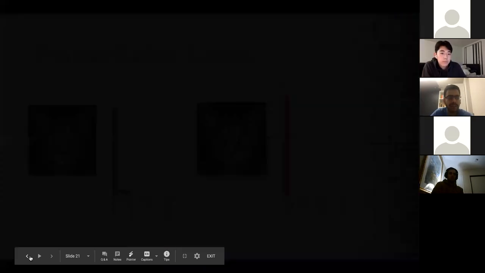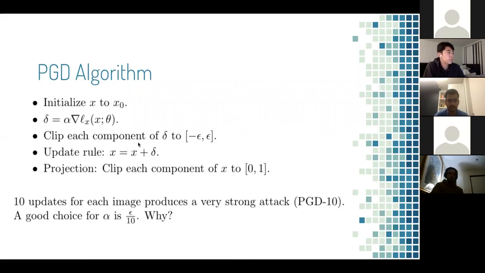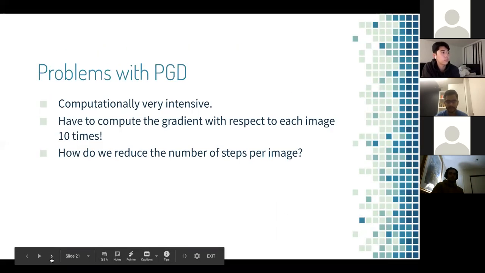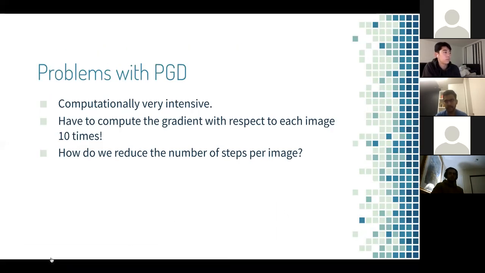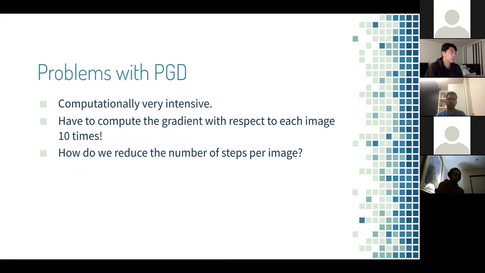So going back to the algorithm, this process of updating the x with delta requires computation of this gradient multiple times, and that's pretty expensive and takes a lot of computational resources. So it might be helpful to reduce the number of steps per image so that you can attack a model even with fewer computational resources.